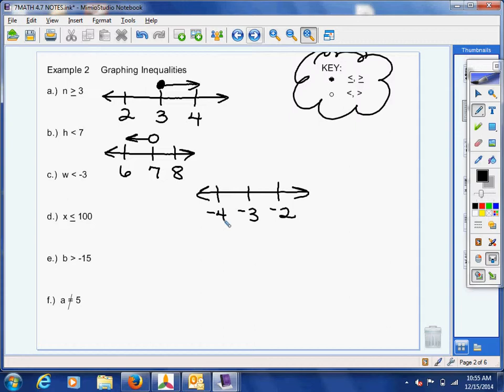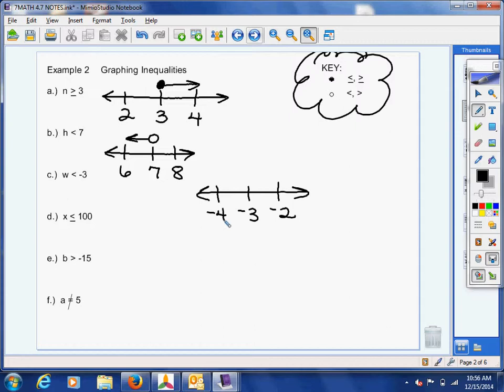Remember, on the positive side, it would be 2, 3, 4, left to right. But when you're going negative, it's right to left. Negative 2, negative 3, negative 4. Okay? Actually, I probably need to do the last one just so you know how to do that one. That one's kind of a weird one, so the last one's a little odd.